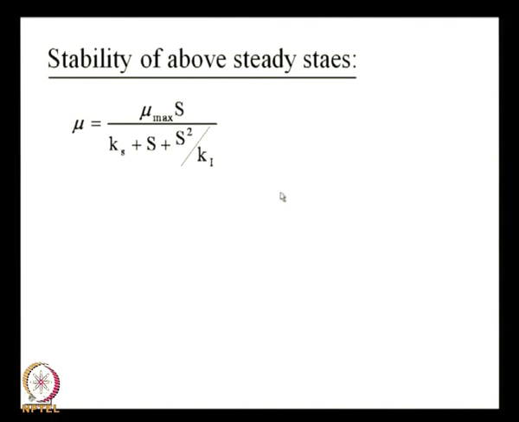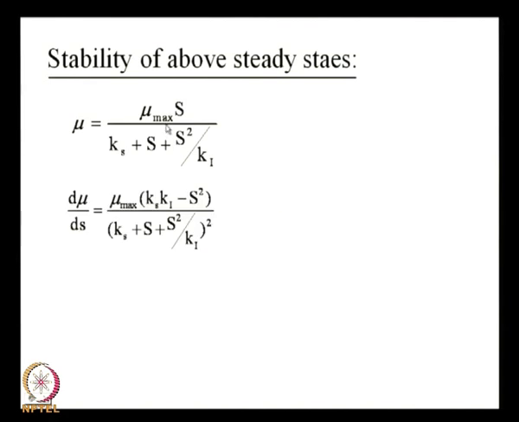So what we can intuit, it's not mandatory that we get exactly this mathematically, but we have to always couple some kind of intuition with the mathematics, is that for the region where the specific growth rate decreases with substrate, the system is going to be unstable. Physically, it makes sense: if you are increasing the amount of substrate but the specific growth rate is decreasing, that is a really worrying case, right? And that probably is the region where there are sources of instabilities. Okay. So let us try and look at it.